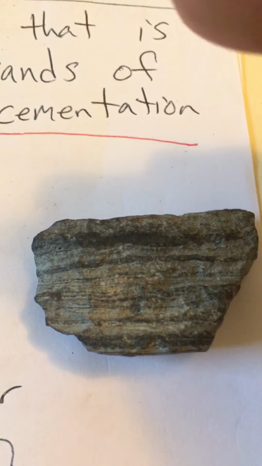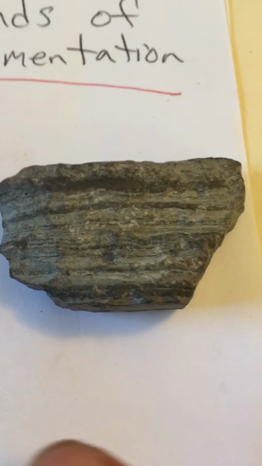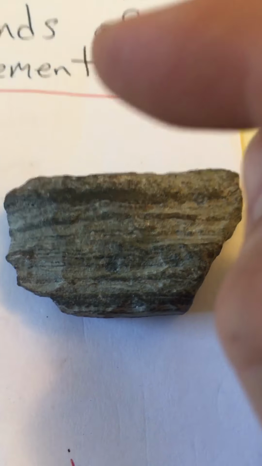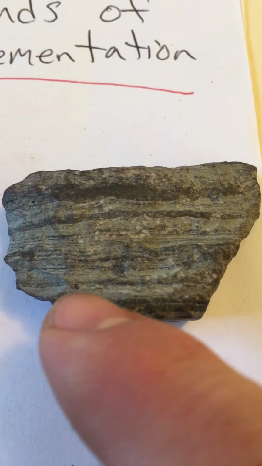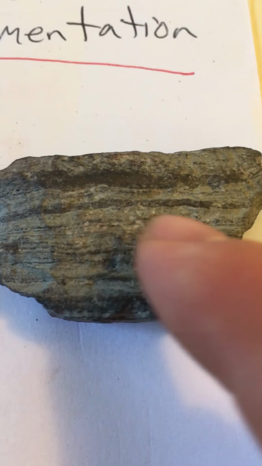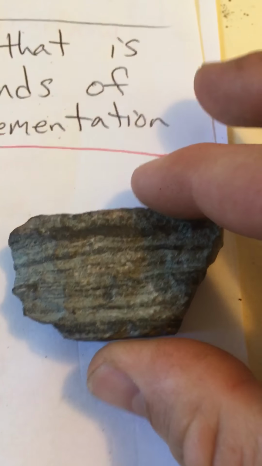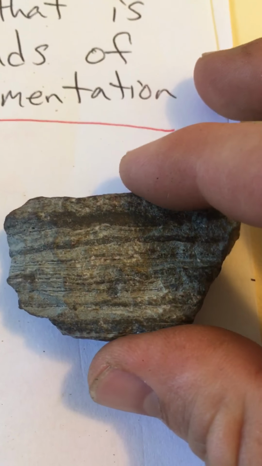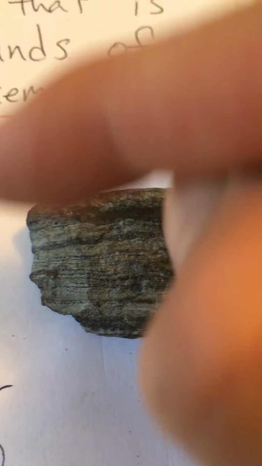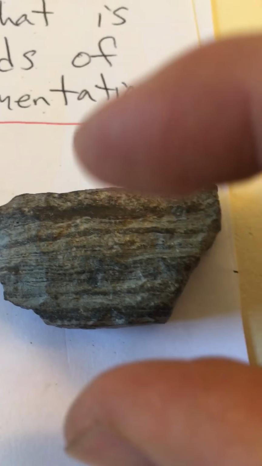So this at one point was down at the bottom of a body of water, and all the little bits of sediment came down and hardened together to make this first layer. And then it happened longer and longer and longer, and we end up with another layer. And you can see all of the different layers going up the side of this rock, because that's how this really hard rock was formed over thousands and thousands of years, where those little layers of sediment hardened, and then the next layer fell on top of it, and then that hardened, and then the next layer fell on top of it, and that hardened.